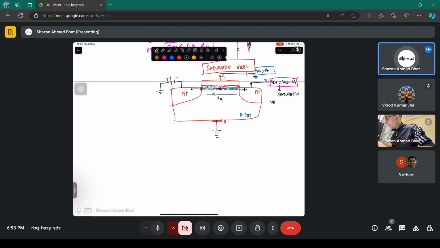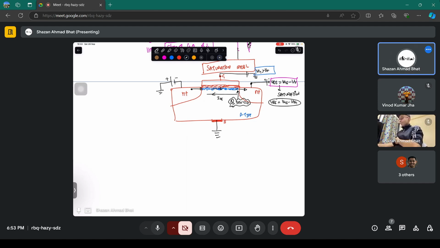Now when VDS approaches this value, VGS minus V threshold, the inversion charge at this particular region, Q inversion, becomes approximately zero. Now why does that happen?